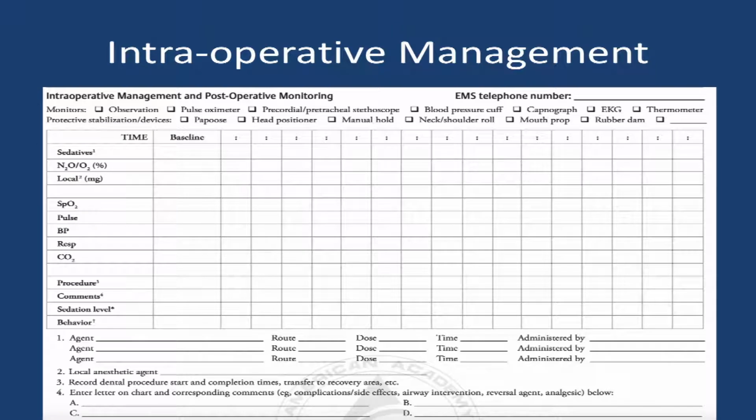Intraoperative management and post-operative monitoring requires the registration of the EMS telephone number in case some inadvertent event occurs. The monitors are listed as observation, which should typically be done routinely, and pulse oximetry, which can be attached when the patient is moved to the chair.